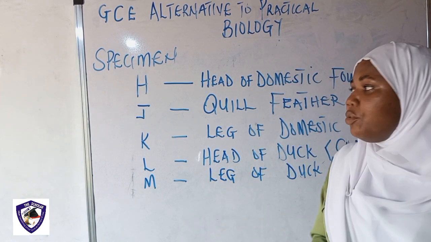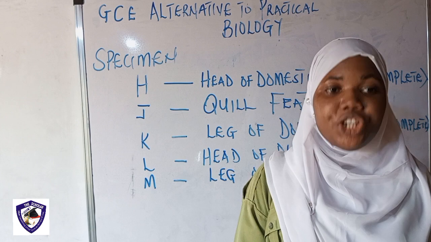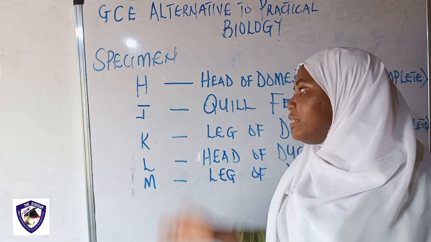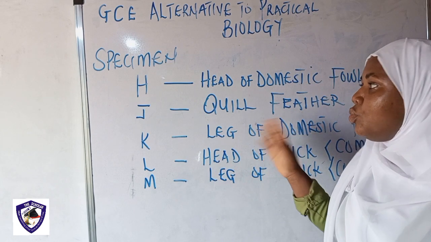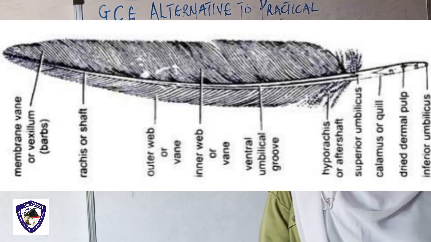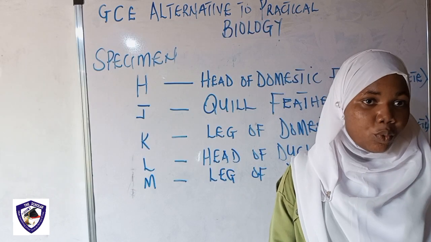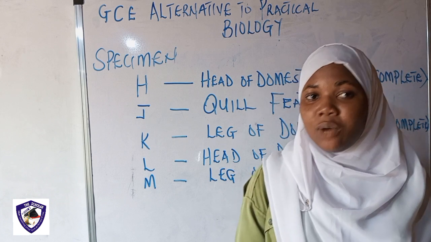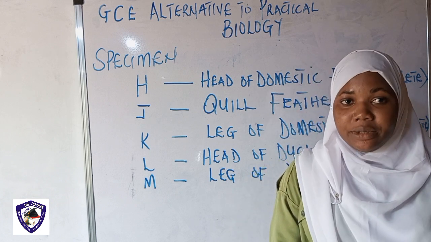Now, moving forward, we'll be looking at specimen J. As I said earlier, specimen J belongs to organisms classified under the kingdom Animalia, phylum Chordata because they have a backbone, and class Aves because they are warm-blooded animals.